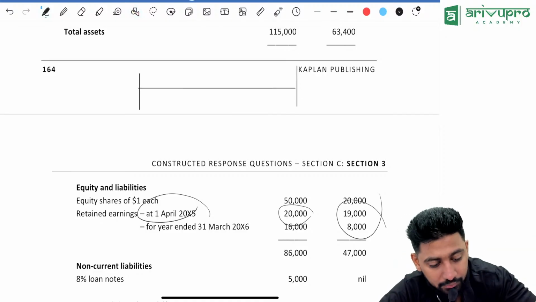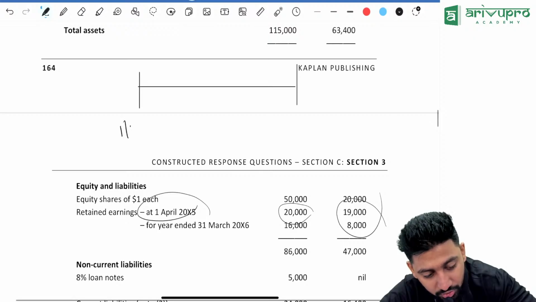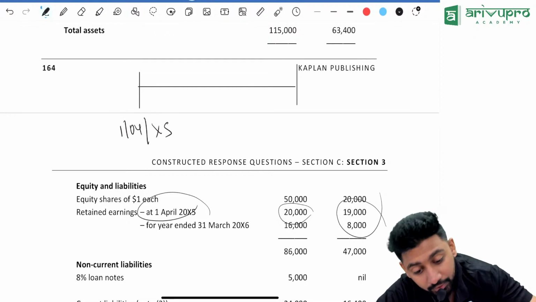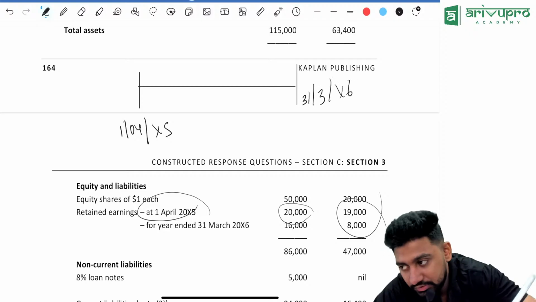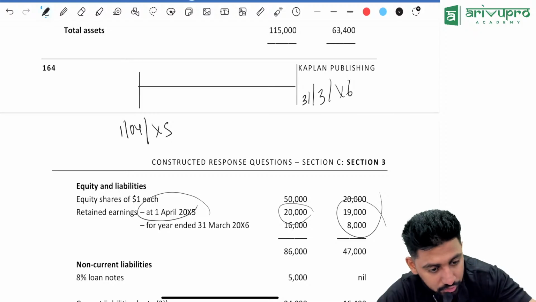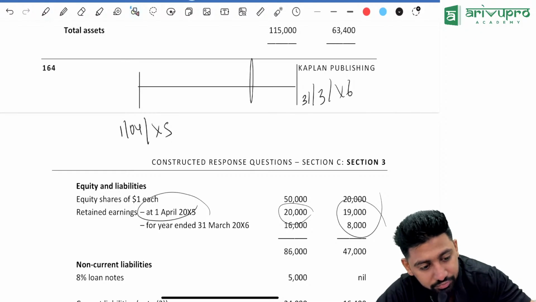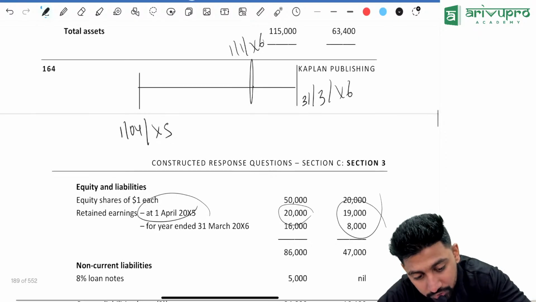My opening retained earnings 1st of April 2015 is given. My year end is 31st March 2016, correct? So I am acquiring at this point, which is 1st of January 2016.